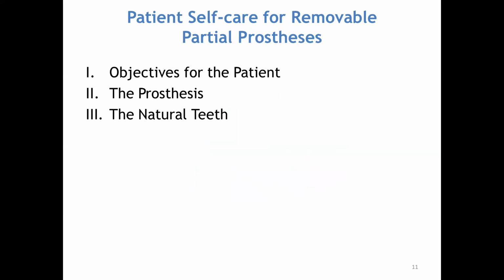So we are telling the patient what they need to do. We are educating the patient on what they need to do, and we're encouraging the patient on what they need to do, because these are all coming in different steps for various individuals. So we want the patient to be rinsing, especially with removable dentures and regular dentures, after each meal. They might not be able to go into a public restroom.